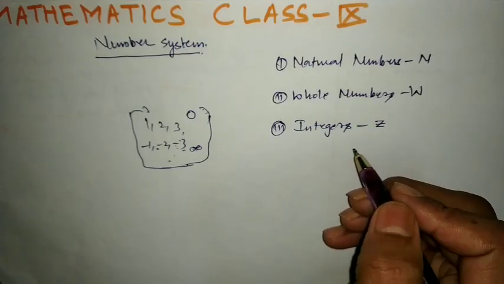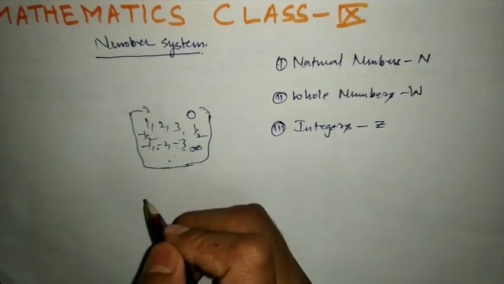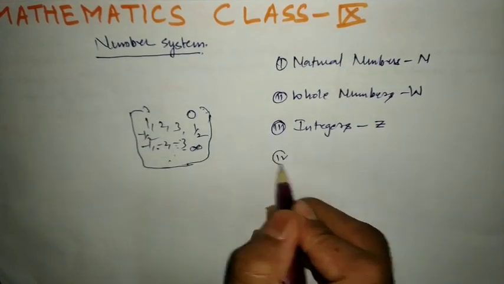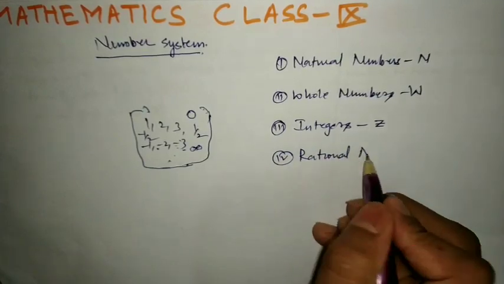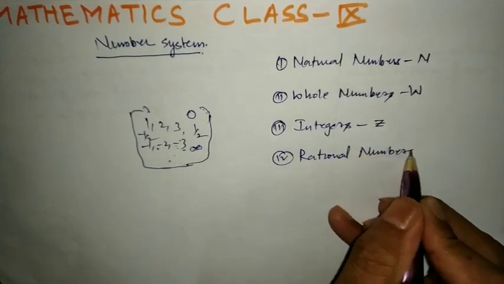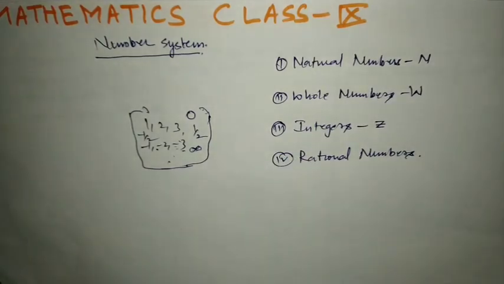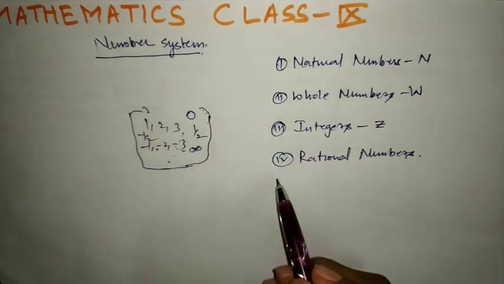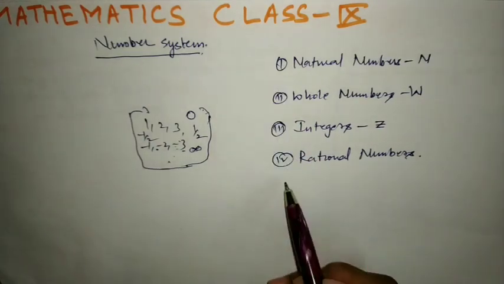Okay. Now if you put numbers like 1 by 2, minus 1 by 2 in this bag, so what? It will become the collection of rational numbers. Okay. So up to rational numbers you have studied up to class 8. Up to class 8 we have studied all these numbers.